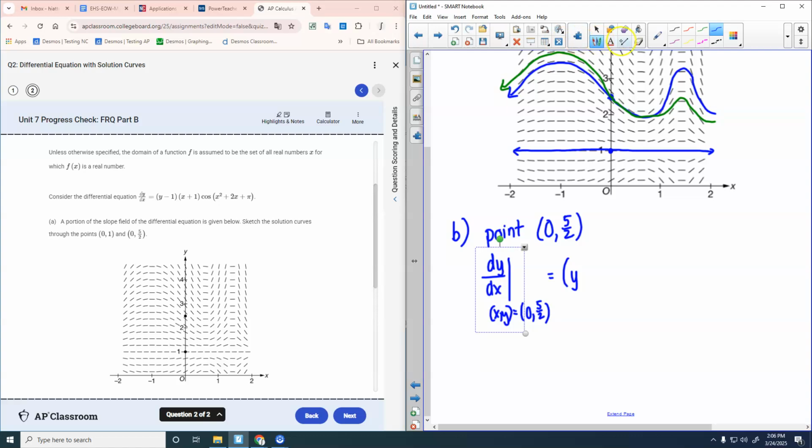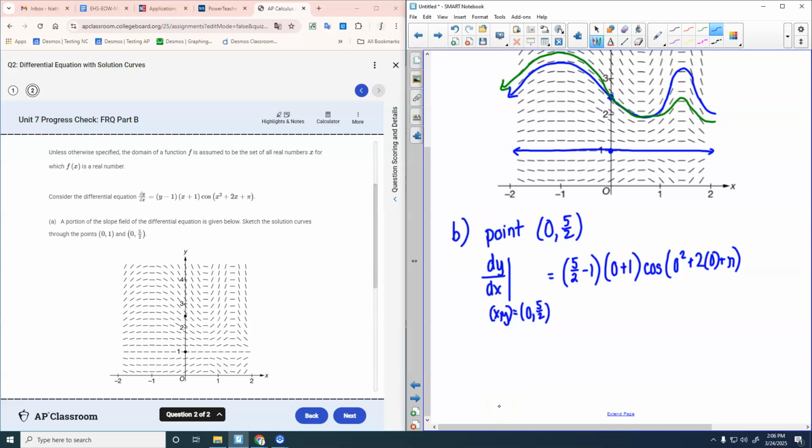No, sorry, I got to plug in my numbers. No y will be there. 5 halves minus 1 times 0 plus 1 times cosine of 0 squared plus 2 times 0 plus pi.